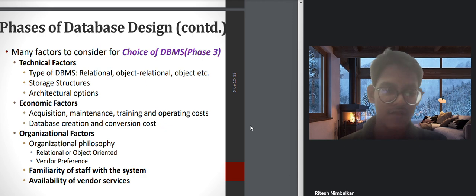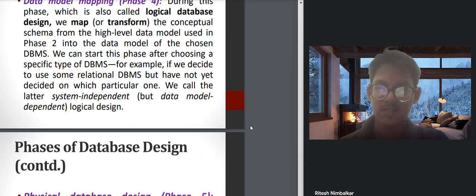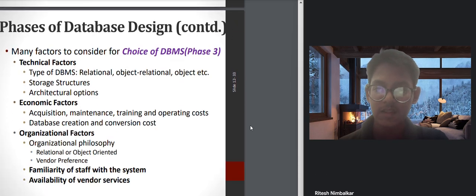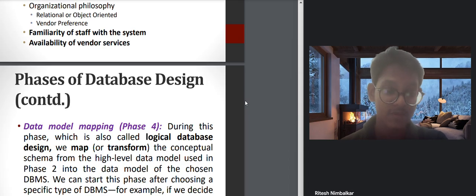And the phases of database design: technical factors, economical factors, or organizational factors help in the choice of DBMS, or the company which has to use various DBMS models. It helps them to choose how their database must look and how it must be maintained.